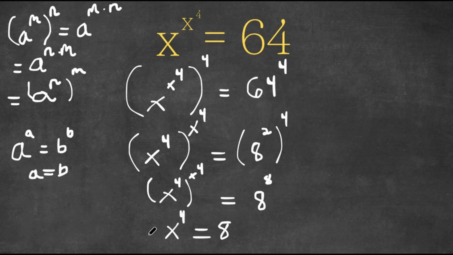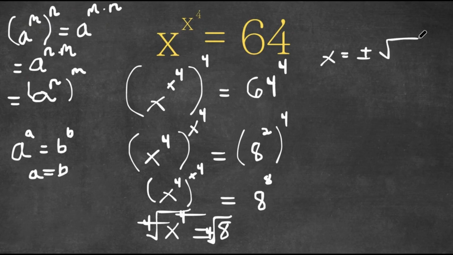Now to cancel this power out, I'm going to take the root of 4 on both sides. So now these two cancel out, and I'm left with x is equal to positive or negative, sorry, not square root, root 4 of 8.